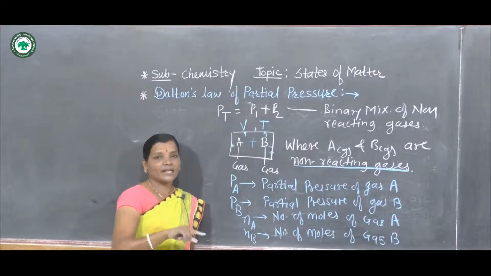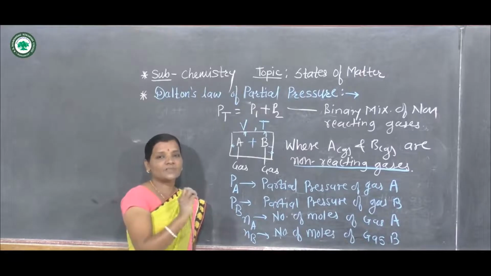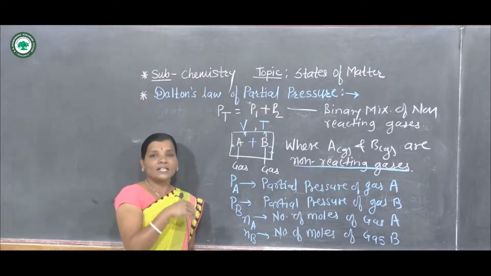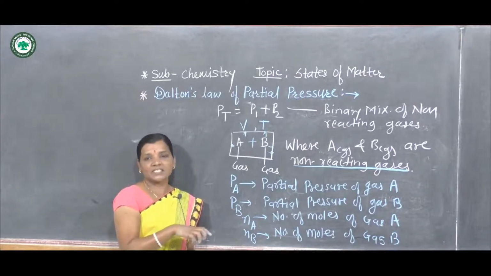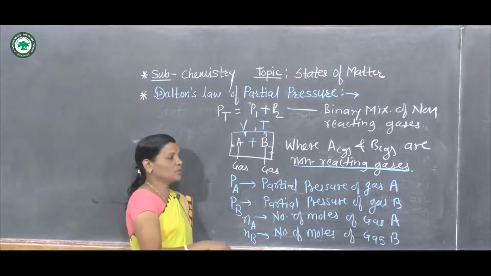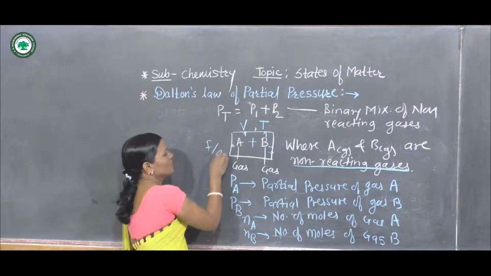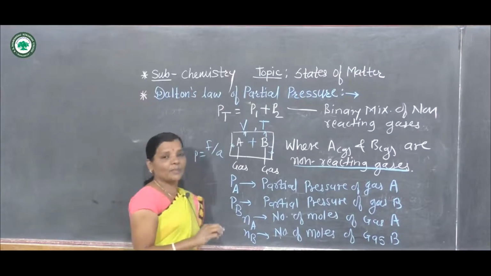The force per unit area on the wall of the container is nothing but the pressure exerted by the gases, because we know that force per unit area is pressure.